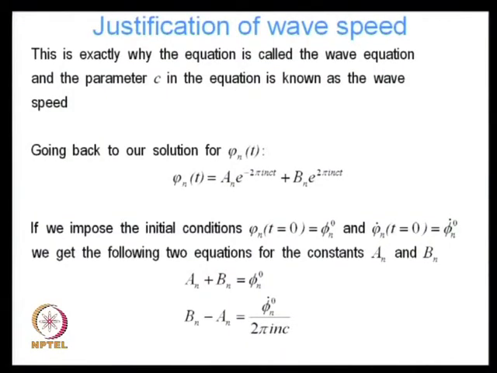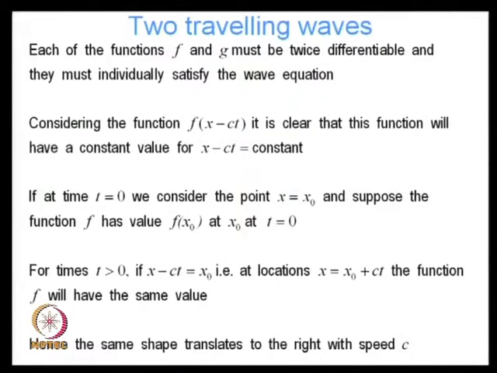So this is exactly why the equation is called the wave equation, and the parameter c in the equation is known as the wave speed. You can see that the information f of x0, the initial condition, is going to move to the right with a speed of c, because it is going to be f of x0 at all points x equal to x0 plus ct.